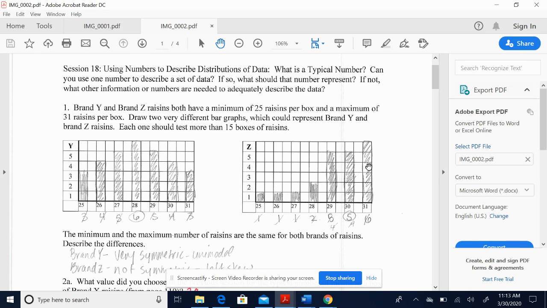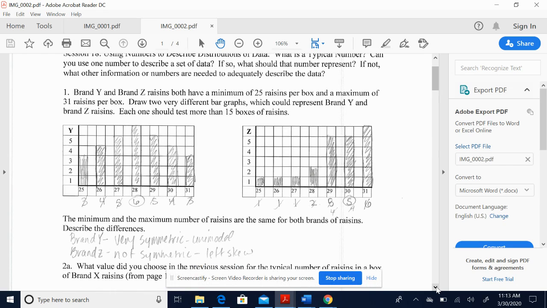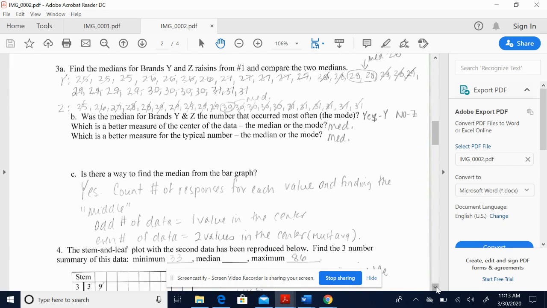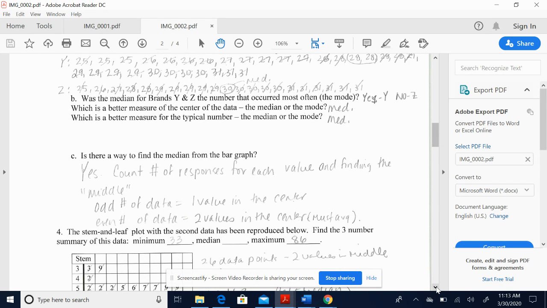Okay, mode's probably not a good indicator there either, because out of all of these, only 6 of them had 31. Every other box was below that. So the median is probably a better descriptor in both of these cases. Okay, a typical number. Remember, we're trying to think of what would describe a set of data well if we can only use one number.